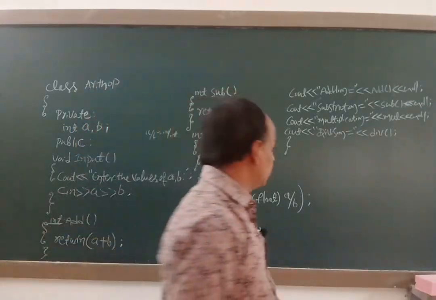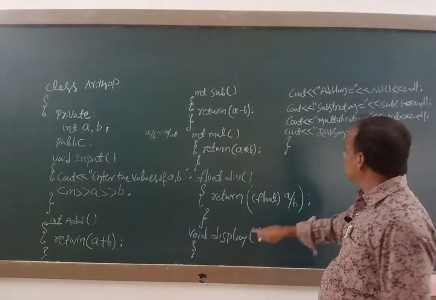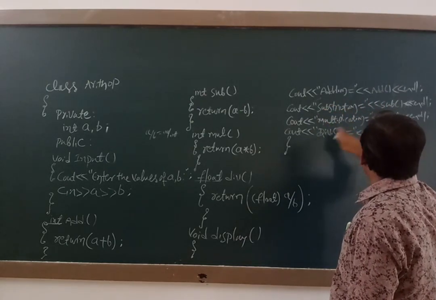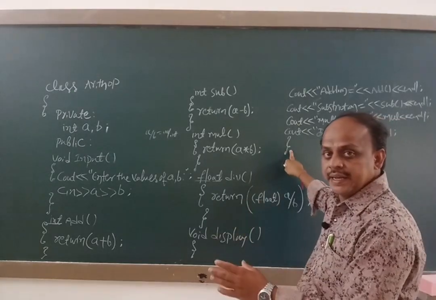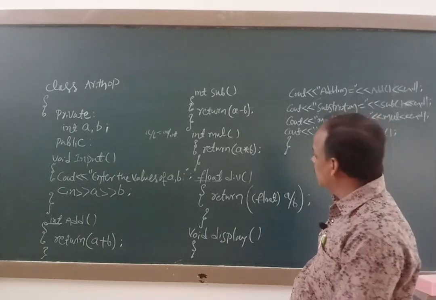See here, the display function is over. In the display function we write addition is equal to, subtraction is equal to, multiplication is equal to, division is equal to, right. So the display function is over. We are writing code for the member functions inside the class only.